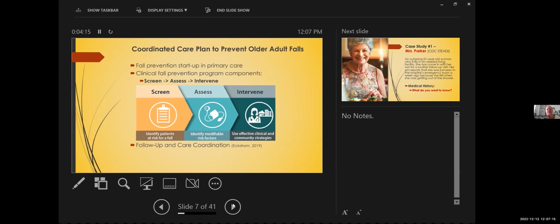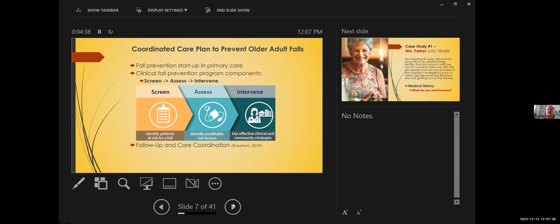In order to prevent falls in adults, we need to look at how we're going to start fall prevention. This starts with primary care. Clinical fall prevention programs involve screening people. A screen is a very quick and efficient way to say, are they at risk or not? So we identify the patients that are at potential risk.